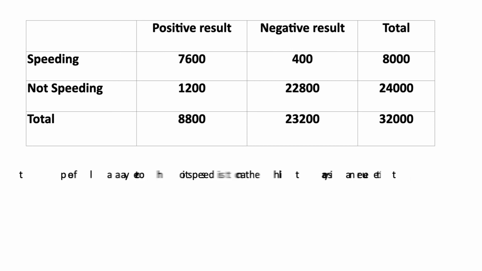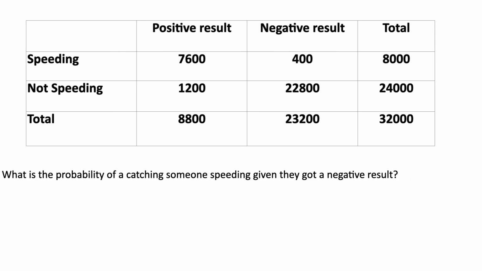And now we can answer questions. What is the probability of catching someone speeding given they have a negative result? Okay, they have a negative result. They are actually speeding. So 1.7%.